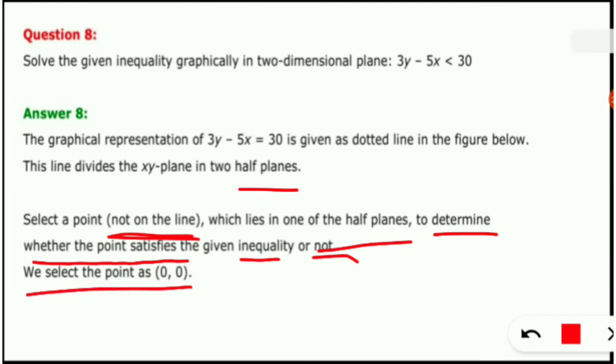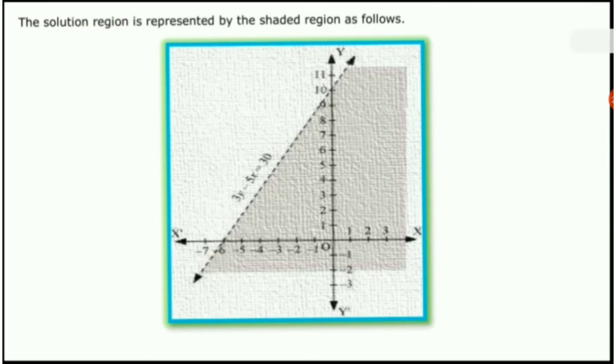So here we select the point 0 comma 0. On the next page, this is the solution. This is minus 6 comma 0, this is 0 comma 10. So this is a dotted line here.